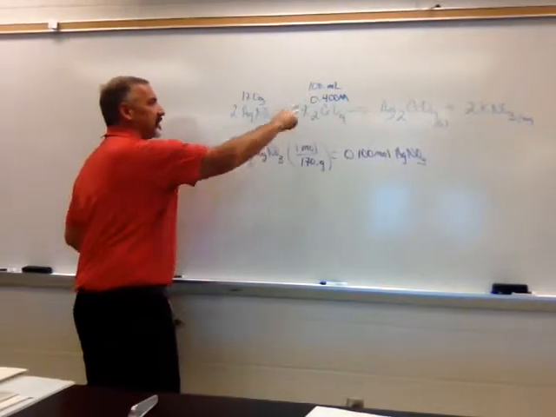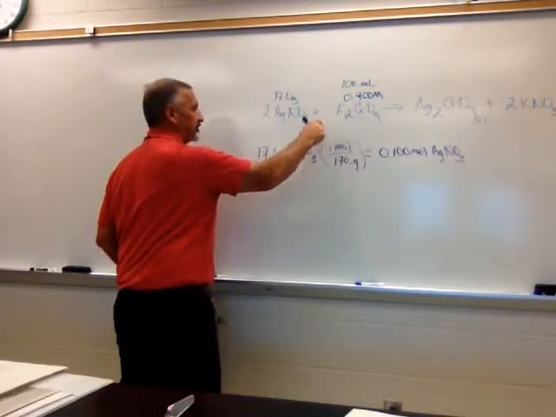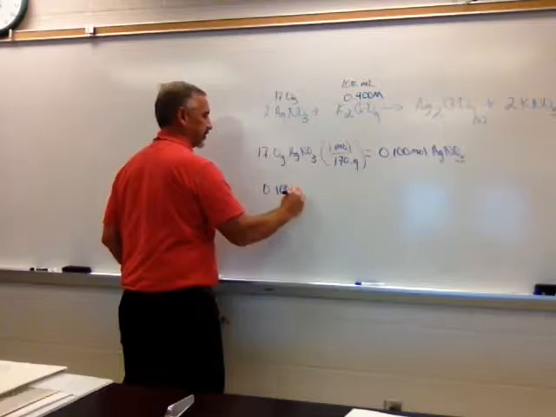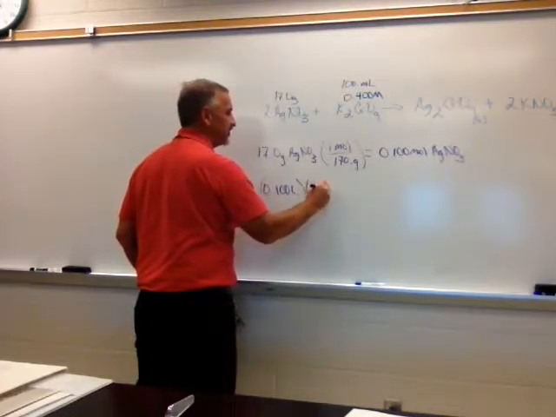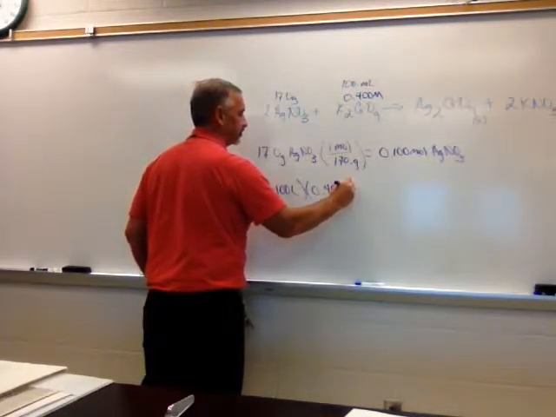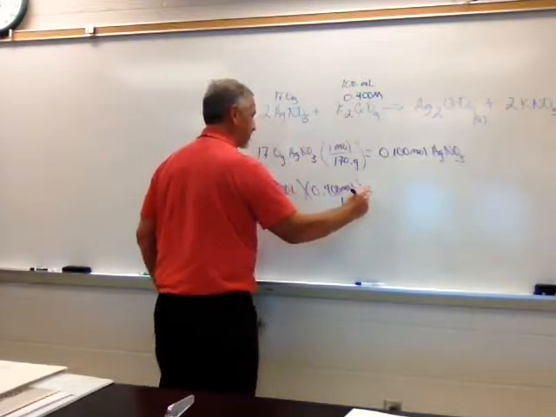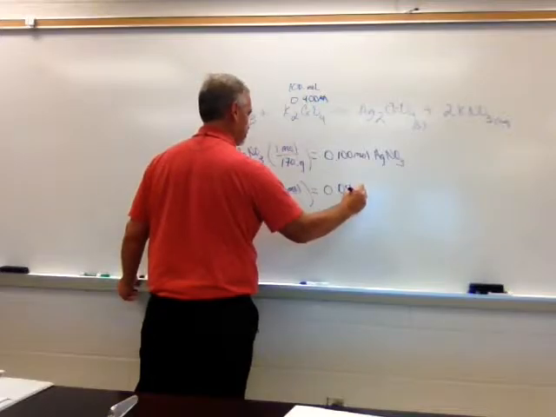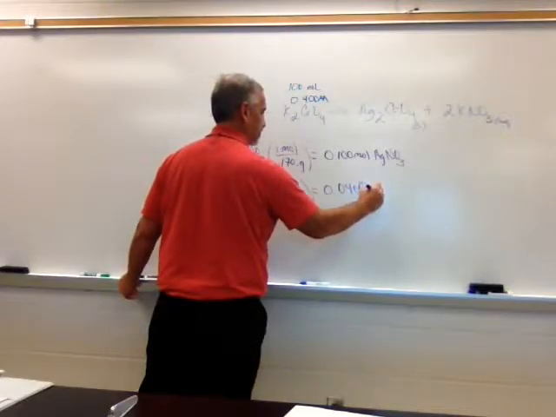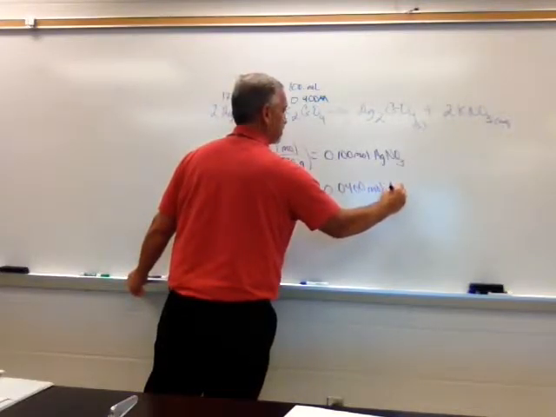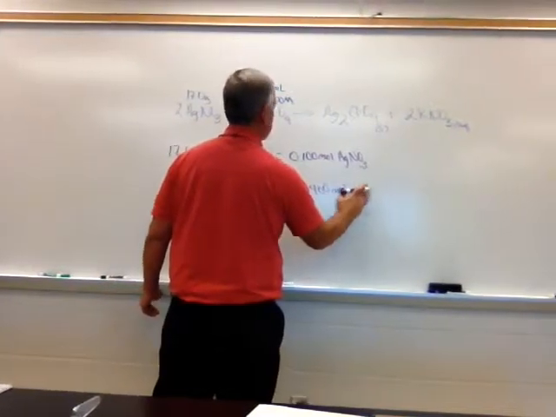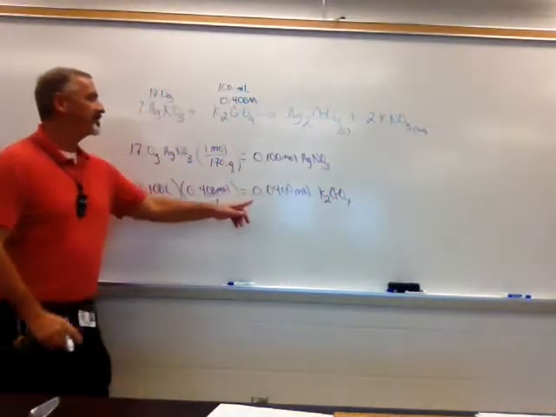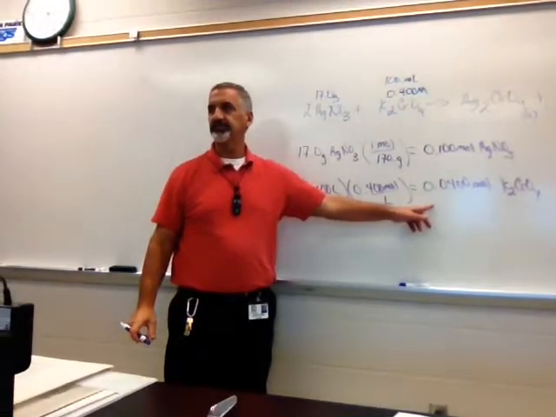Then I have, how do I convert this to moles? So this one's actually easier because you don't have to calculate it. So this is going to come out to equal 0.04 moles of AgNO3. Now, does that make this one automatically the limiting reactant?